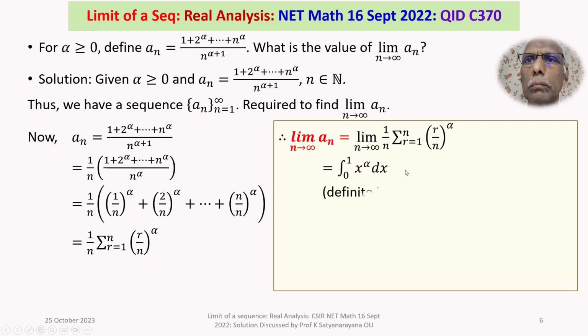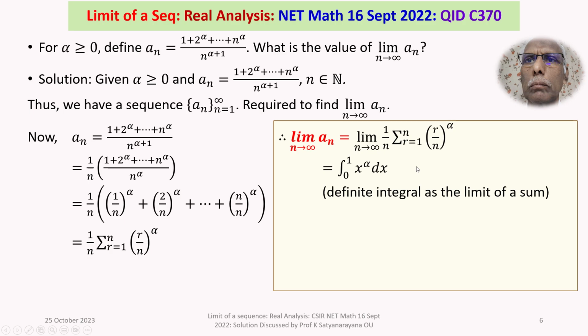This is the definite integral as a limit of a sum. This is a very well known concept, definite integral as the limit of a sum. We have studied this even at the intermediate level.